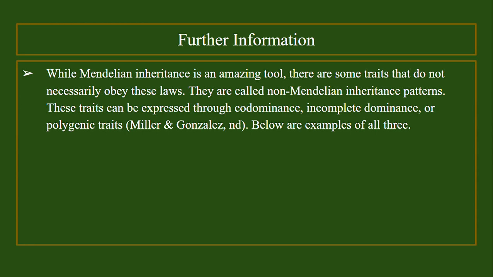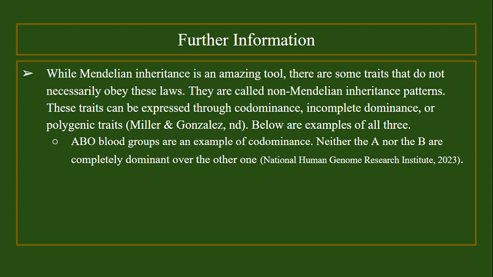These traits can be passed through, for a few examples, codominance, incomplete dominance, or even polygenic traits. Below are examples of these. ABO blood types are an example of codominance because neither the A nor the B are completely dominant over the other one. Neither the A antigens nor the B antigens are dominant over the other one.